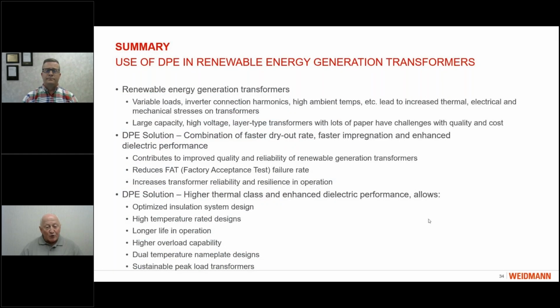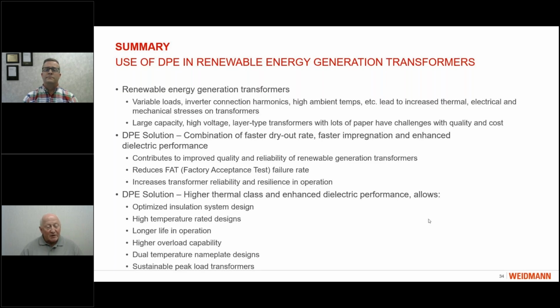So these are several concepts that can be used just utilizing the advantages of a higher temperature insulation system, and specifically enhanced DPE insulation paper. To summarize our webinar today, we discussed the challenges that renewable energy transformers face today. We talked about variable loads, inverter harmonics, and high ambient temperature, and that all of these increase thermal, electrical, and mechanical stresses on such transformers.